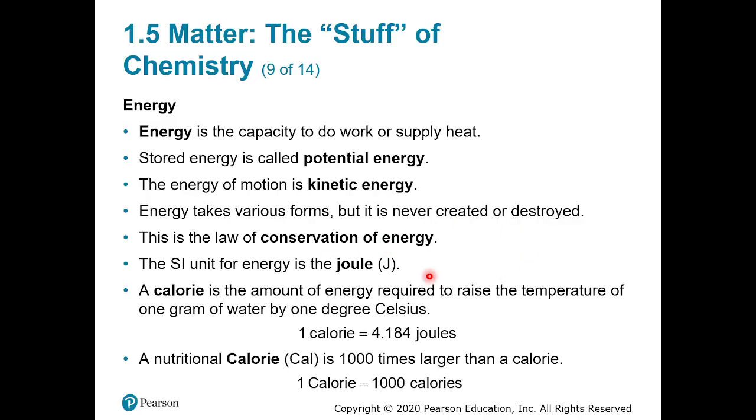The SI unit for energy is the joule. The calorie is the amount of energy required to raise the temperature of 1 gram of water by 1 degree Celsius. And so 1 calorie equals 4.184 joules. You may notice the back of your nutritional labels do not say small c calorie. They say large C Calorie. Okay. This is actually a kilocalorie.